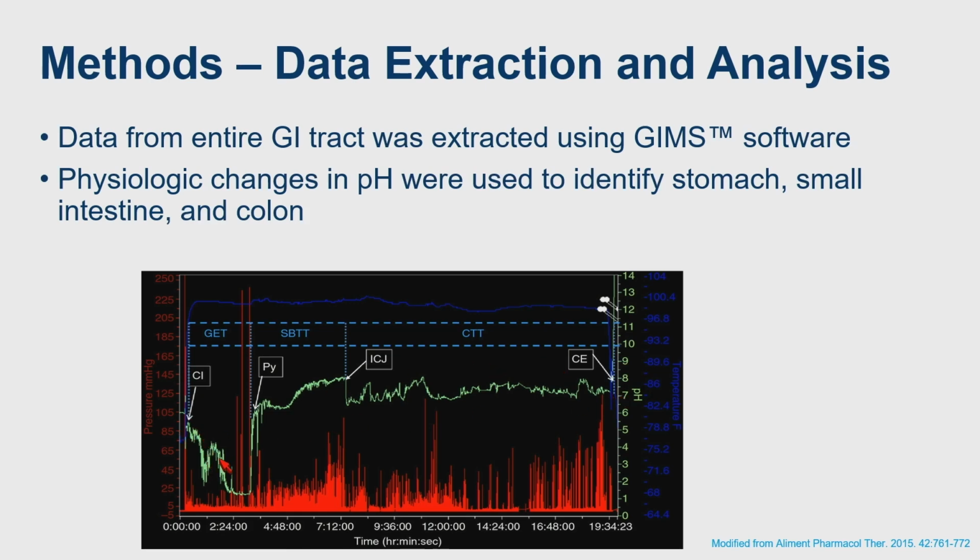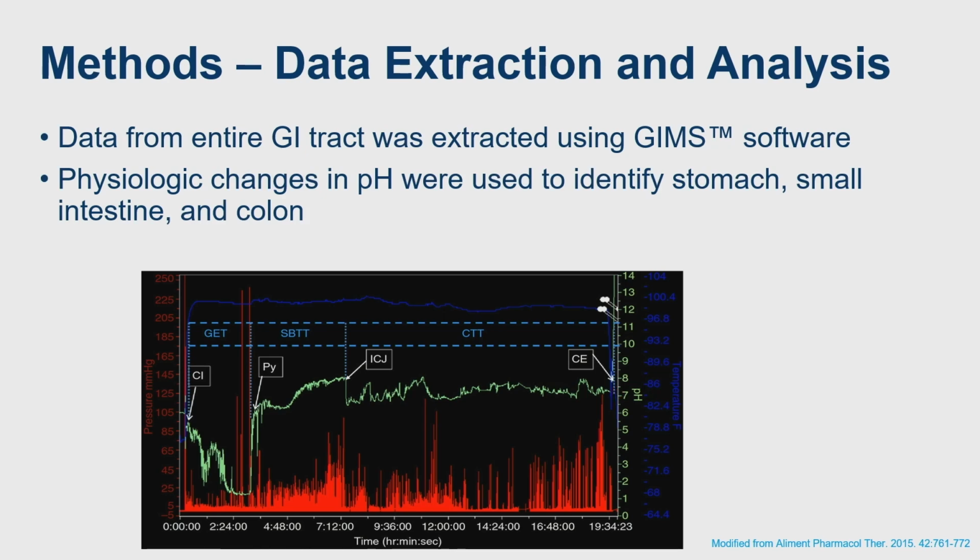And then this line here, you can see it's in the stomach, it has a low pH. When the pH rises rapidly, you know it's gone from the stomach into the proximal small intestine. Naturally, at the ileocecal junction, as it goes from the distal small intestine into the colon, there's a drop in pH. And then again, you know when it leaves because of the temperature change. So those help define big categories for us.